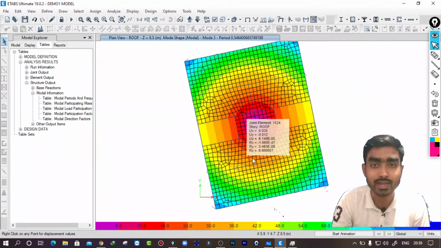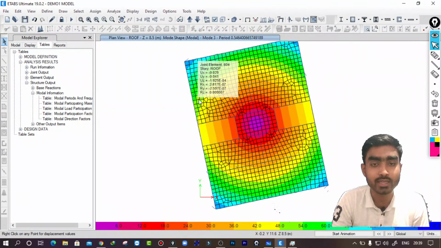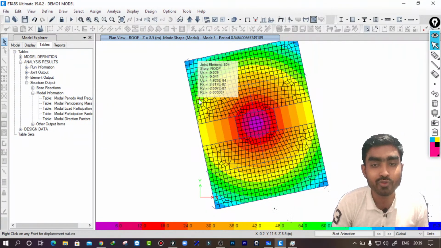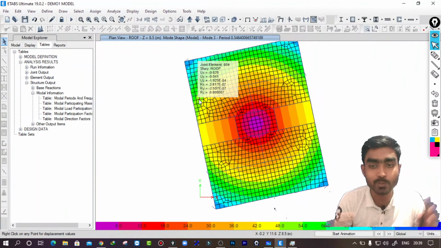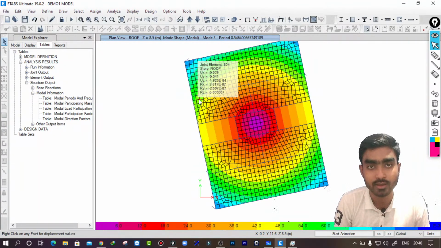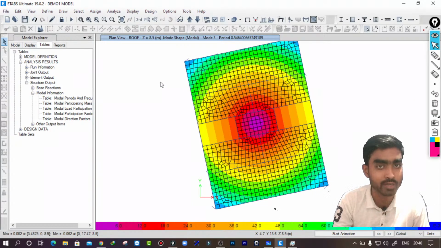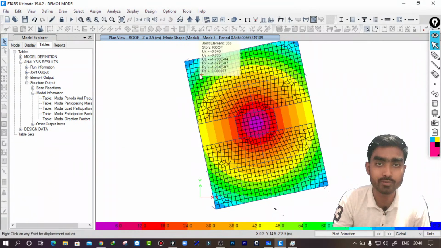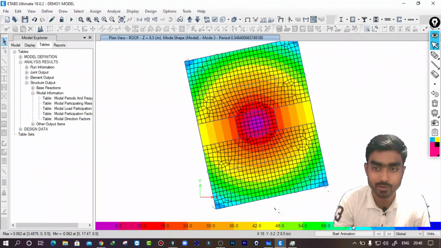So you can understand that the contour is giving you the values, to understand which part of the building is displacing by what amount and along which direction. The shape is telling you the direction and the color is telling you the value. You can check the value by going here also. Even without going there, you can understand from this contour.